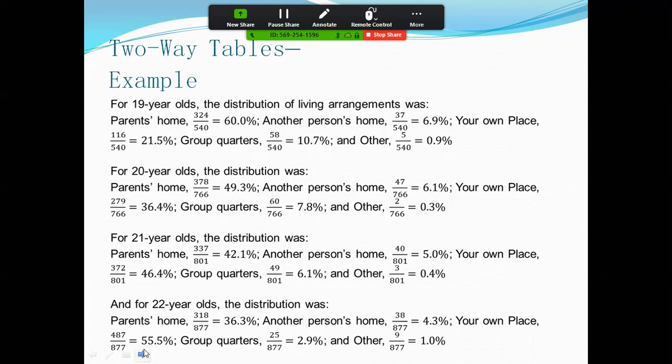And 5 out of 540 lived in another place for 0.9%.